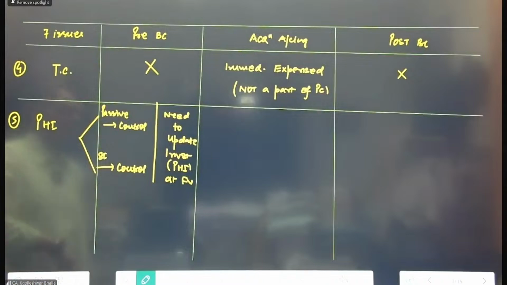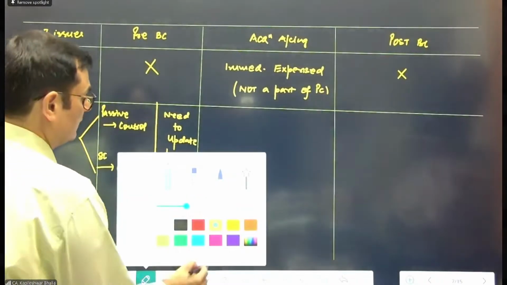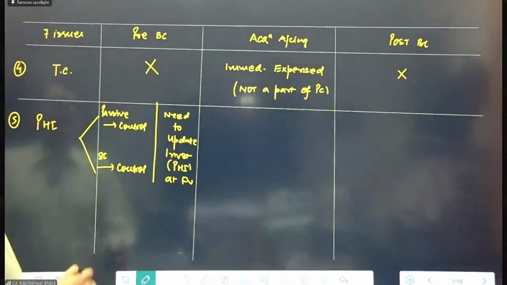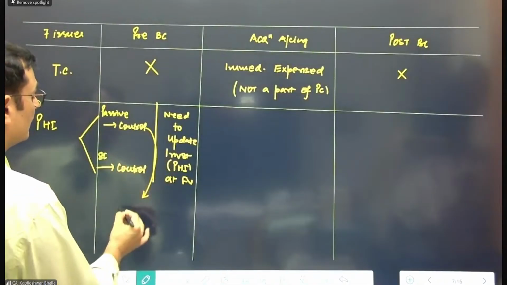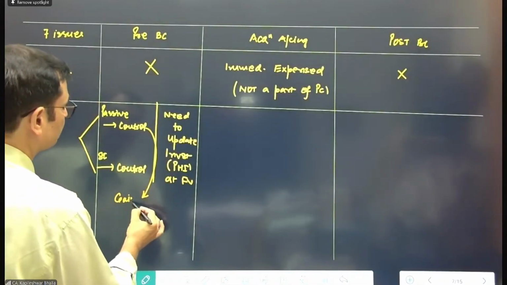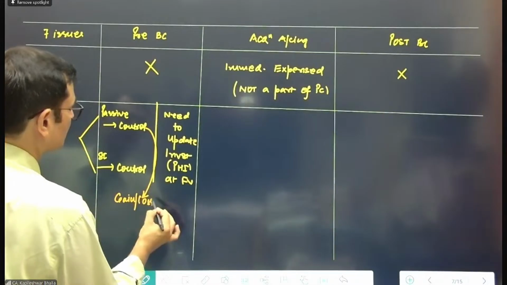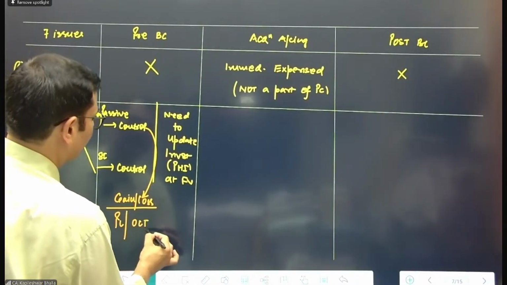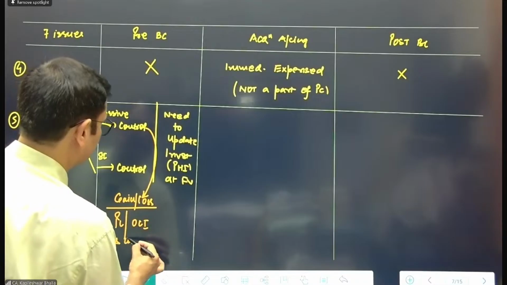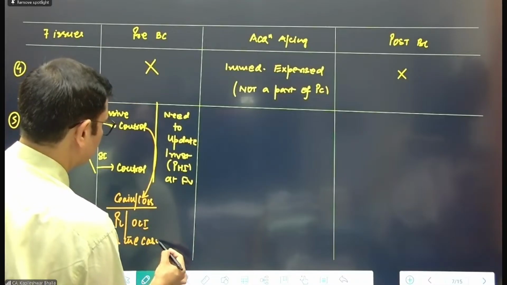So let me just quickly remind you the inputs as well. Can I say in this particular case, when it is passive to control, the gain or loss is going to be taken in the profit or loss or OCI as the case may be, correct? Yes, sir.